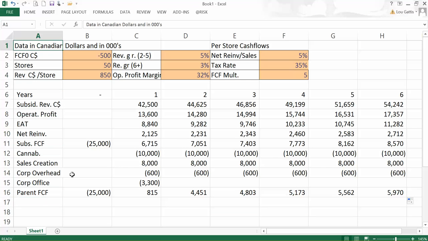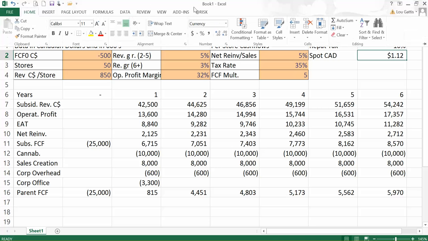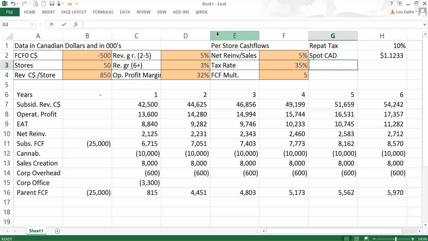So let's write down some of those assumptions. We have repatriation tax of 10%, the spot price of the CAD, $1.1233, the risk-free rate in the US, 2%, risk-free rate Canadian is 6%, and the WACC is 12%.